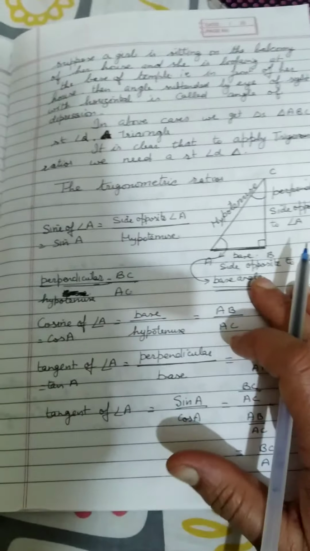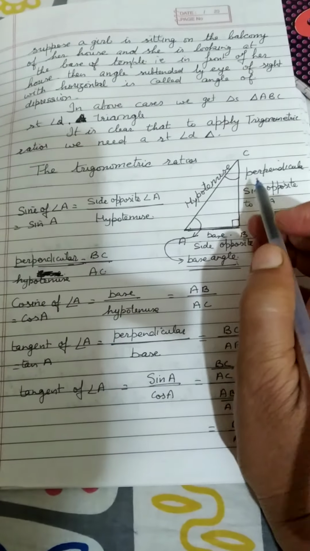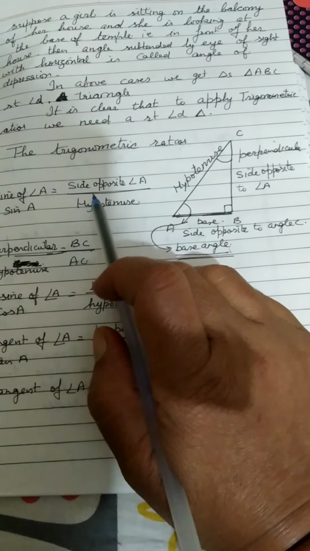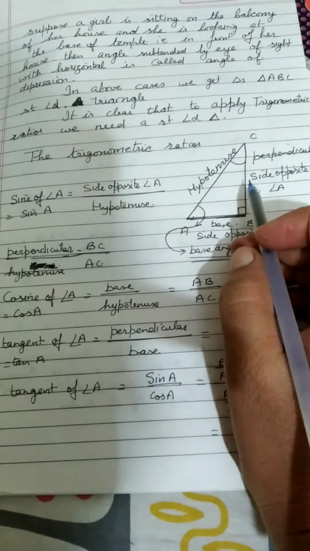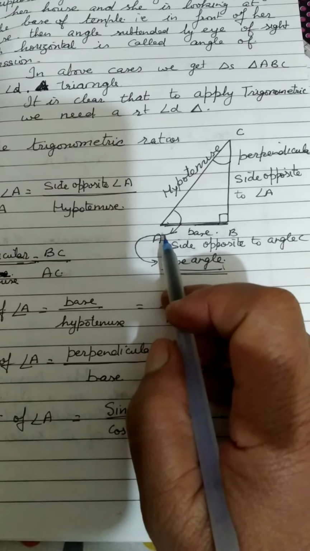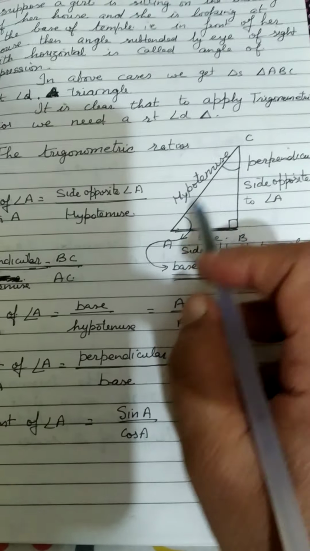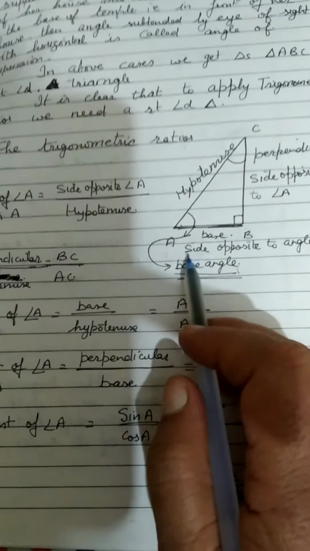Now we will come to know how we write the trigonometric ratios in right angled triangles. See here, triangle ABC is the right angled triangle.